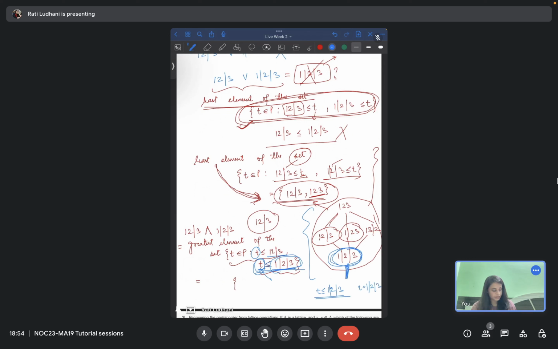Now let's check if the other condition is satisfied. T is less than or equal to 1 2 3. This is true if you take T to be this, 1 2 3 less than or equal to 1 2 3. So you can only take one element, and the greatest element of this set is just 1 2 3.